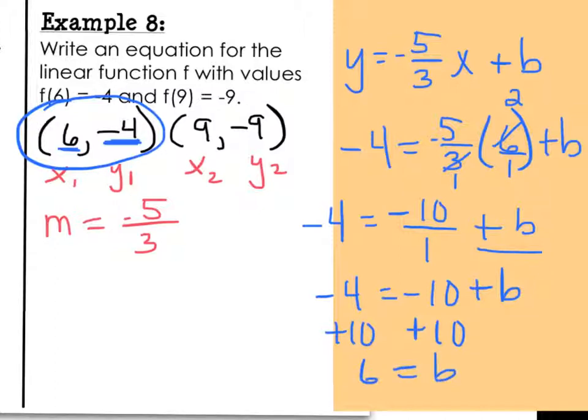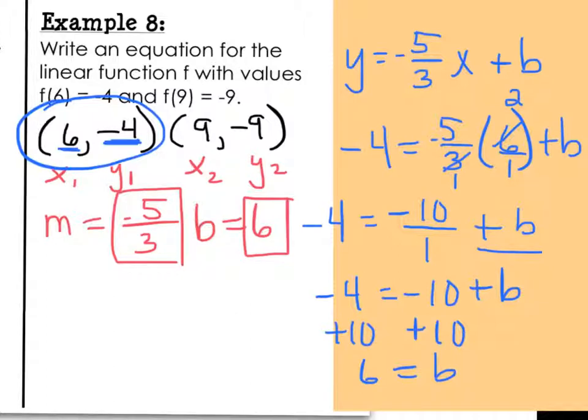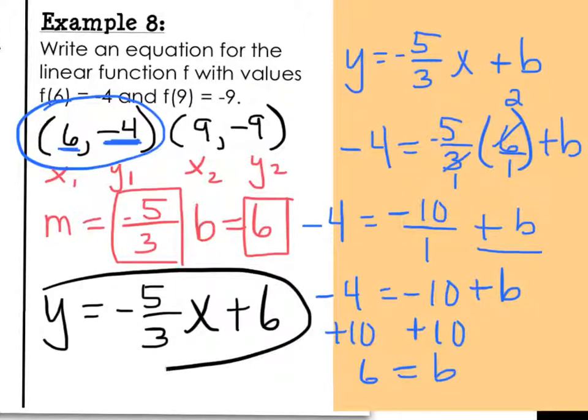So now we can write that over here. So we have b equals 6. We have our slope as being negative 5/3. And with all that information, we now can write our equation y equals negative 5/3 x plus 6. So that's the answer for this particular example.